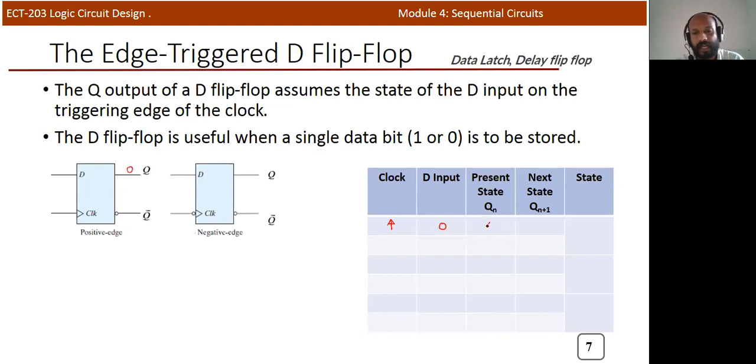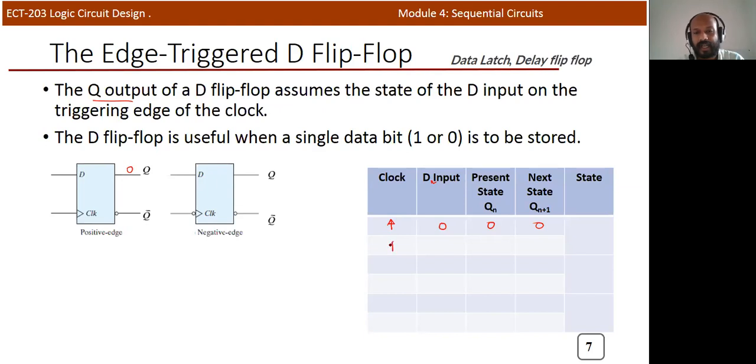So the present value we will indicate as Qn, that is the Q output, and this is Dn actually. So 0. And what will be the next state? After applying the clock signal, what will be the next state? In the case of a D flip-flop, this value is equal to 0. Okay, because the Q output of the D flip-flop will be the same as the state of the D input at the rising edge or falling edge of the clock.